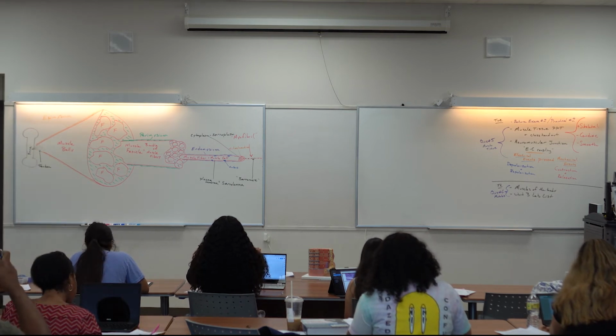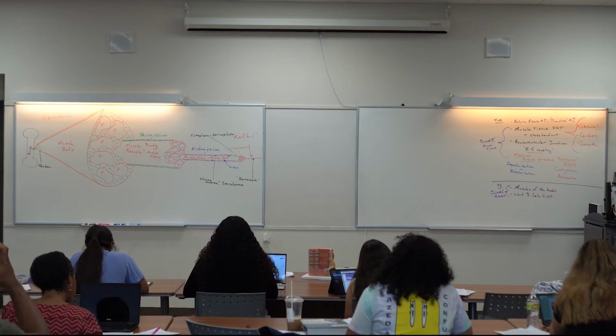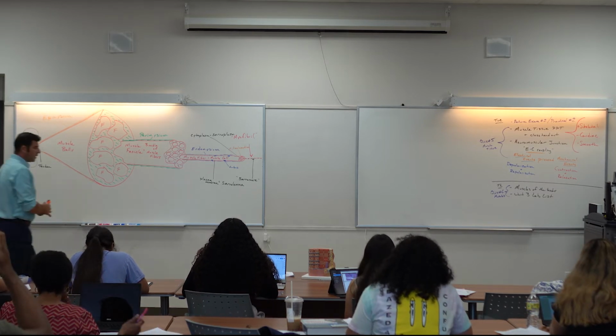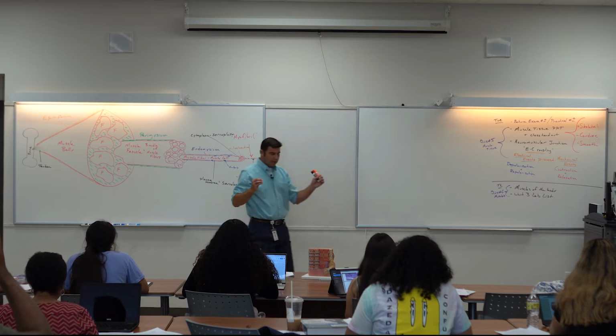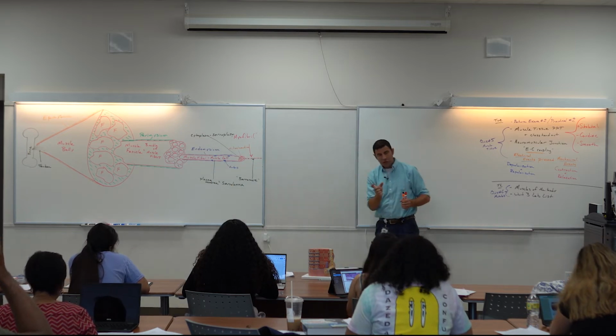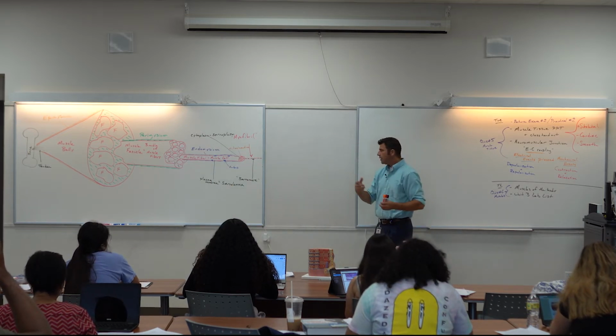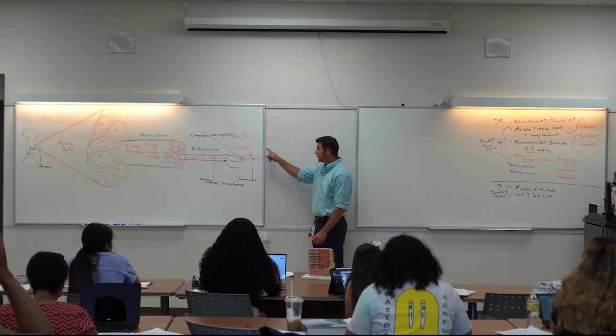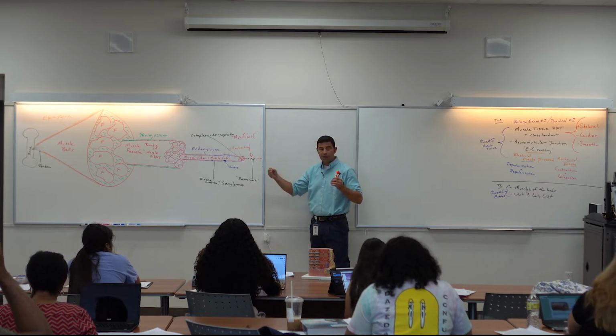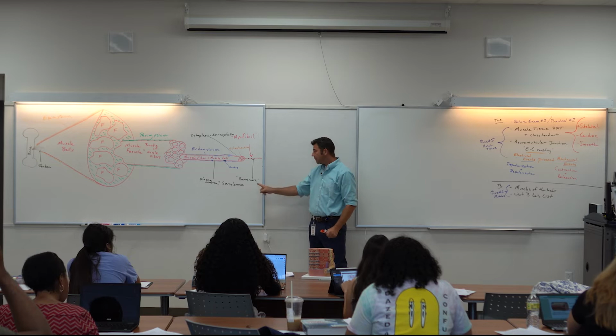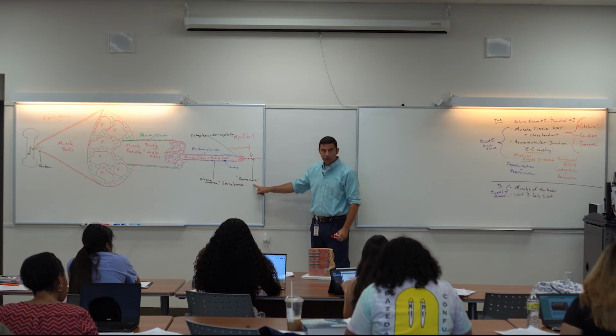Can you explain the sarcomere? Sarcomere, yeah. If you think of a long chain, each link in that chain would be a sarcomere. In my chain analogy, the myofibril is the chain, and each link in that chain is a sarcomere. We're going to draw a sarcomere in a second.